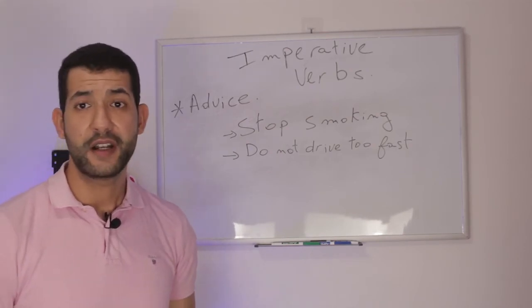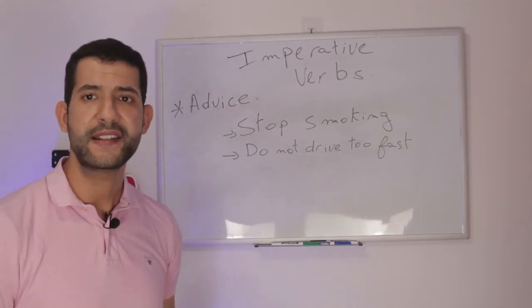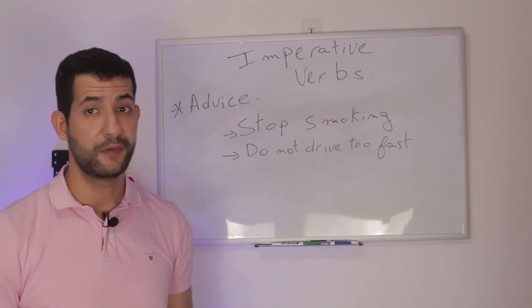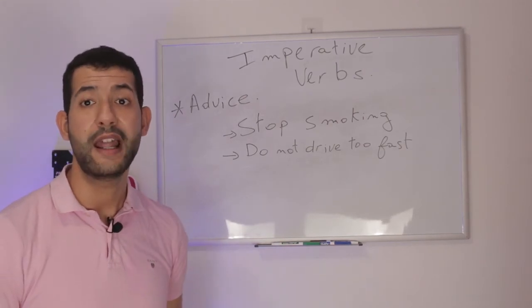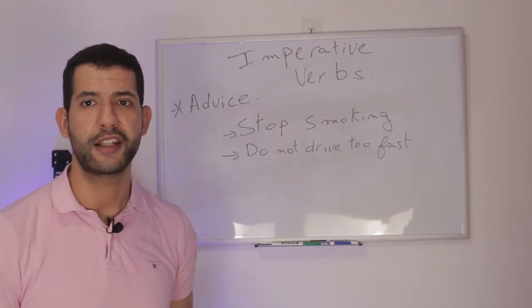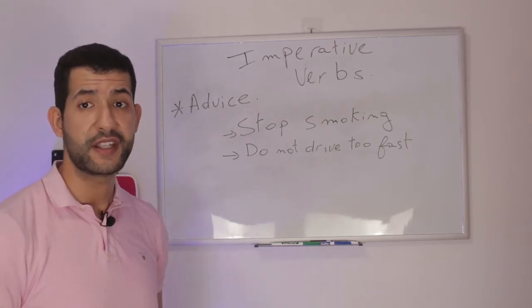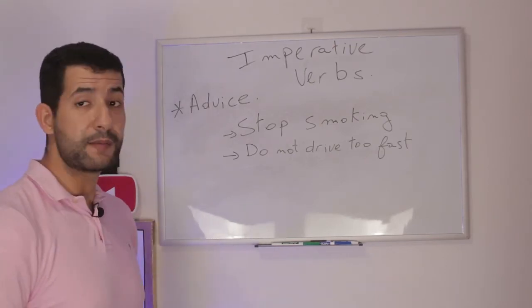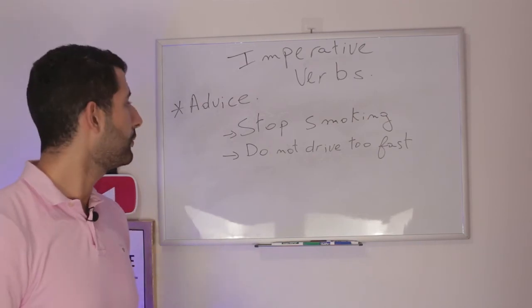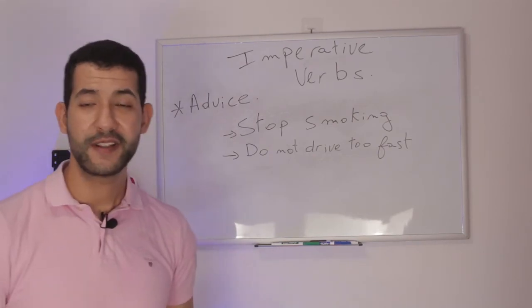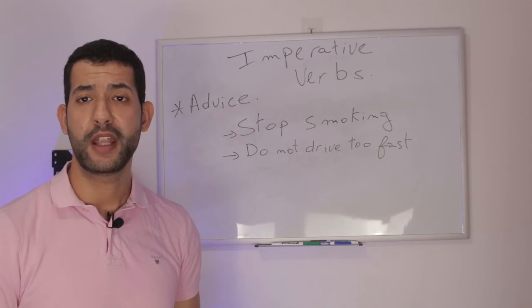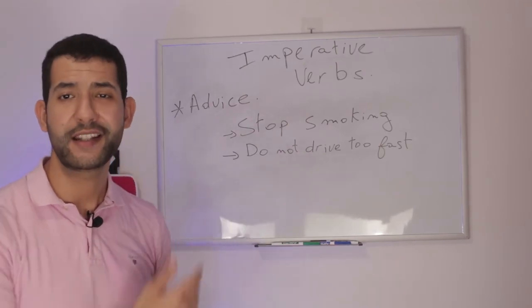For example, if my friend is usually driving too fast, I would say stop driving too fast. يعني أنه ما تسوقش بسرعة اللي هي كبيرة بزاف لأنه هادشي راه خطر. So again, I can give advice using the imperative verb: stop smoking, for example, or do not drive too fast. خليو لي تحت في التعليقات بعض الجمل اللي فيهم الامبيراتيف فيربز اللي بهم كتعطي نصيحة لشي واحد.